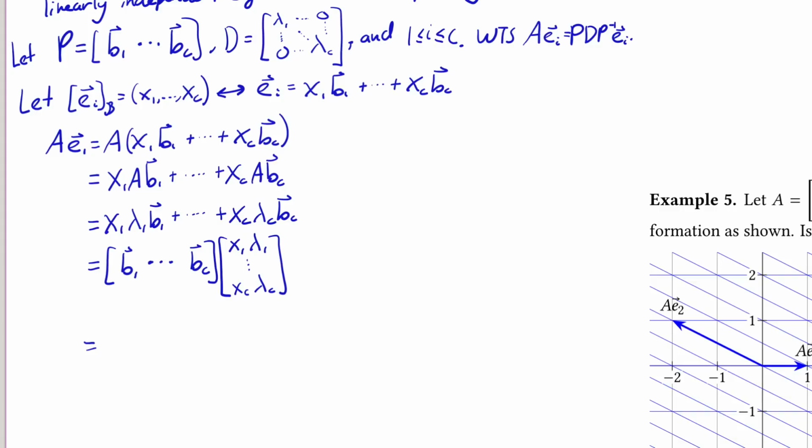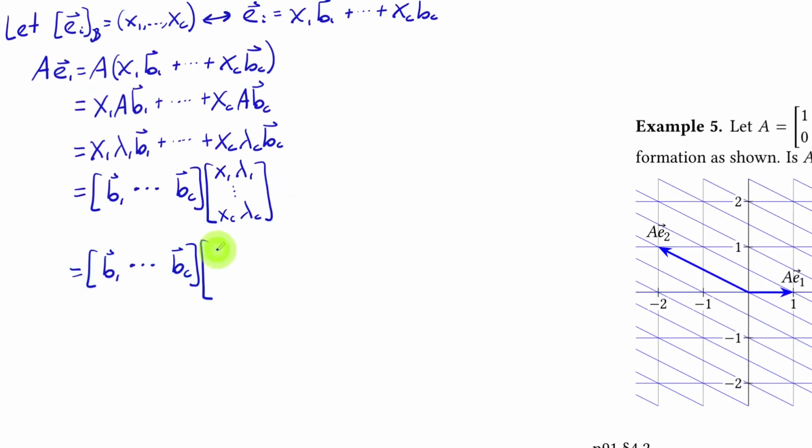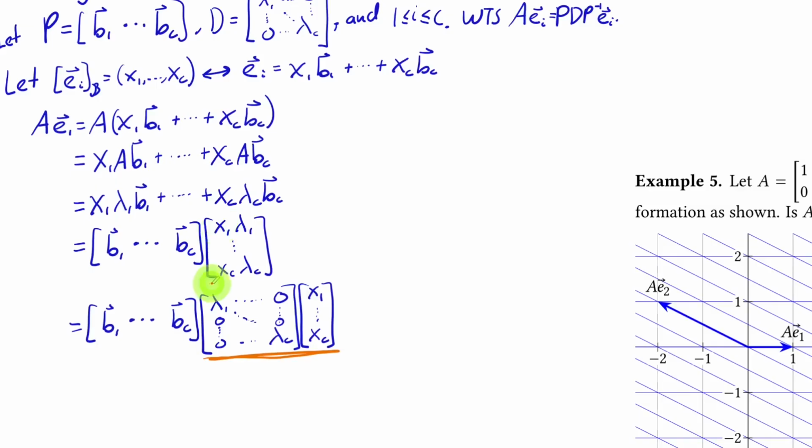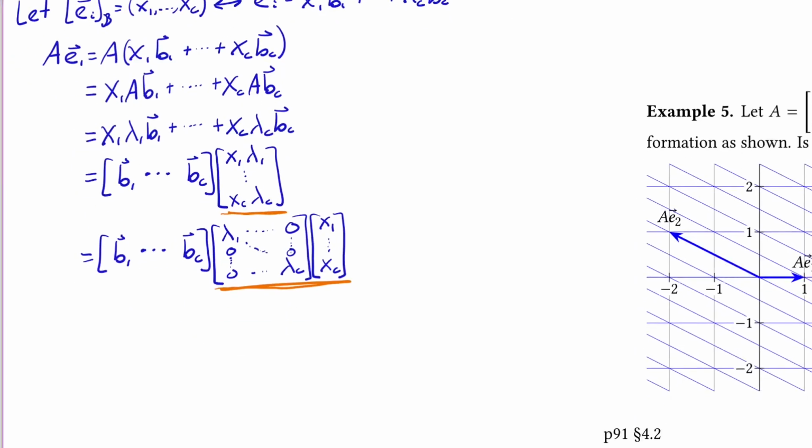And if we take the diagonal matrix that has lambda 1 and then a bunch of zeros in it as the first column, and then same thing with all the other columns, make this a diagonal matrix that has those eigenvalues in it, and then multiply that by x1 through xc as a vector, then this matrix times vector product is going to come out to be the same thing as this if you work it out.